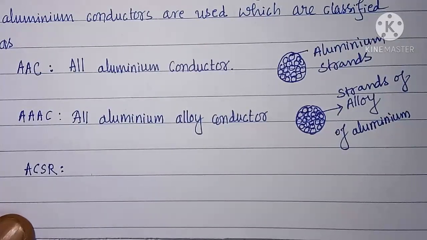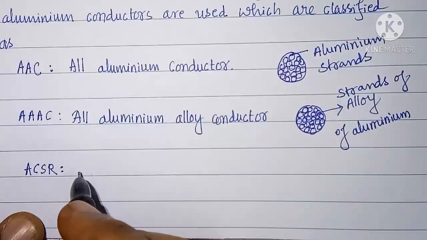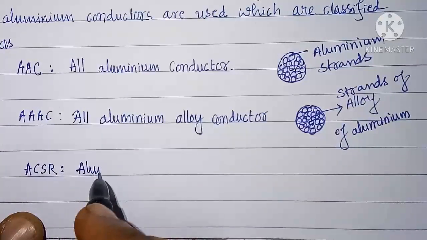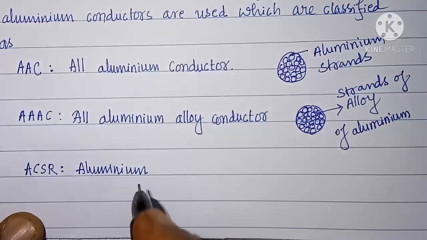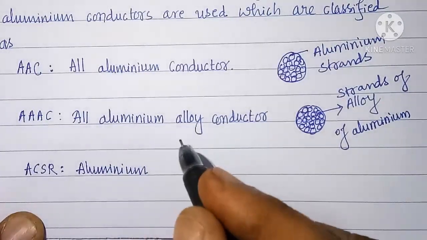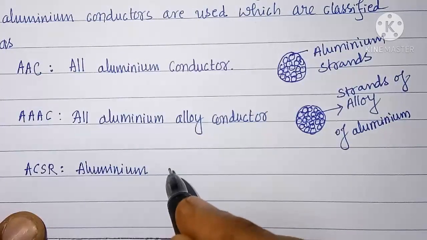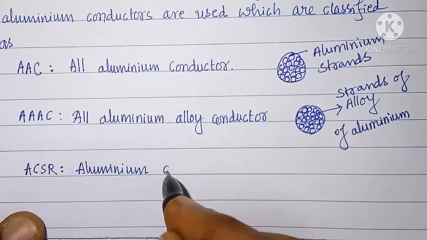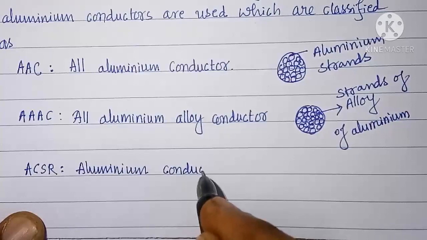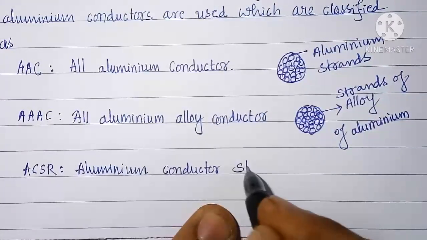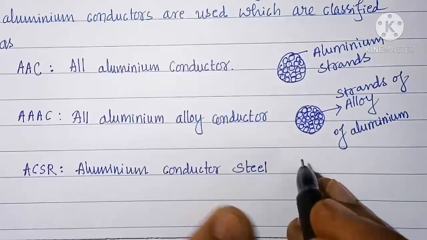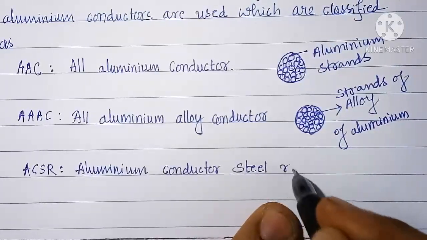Next class of aluminum conductor is ACSR, that is aluminum conductor steel reinforced.